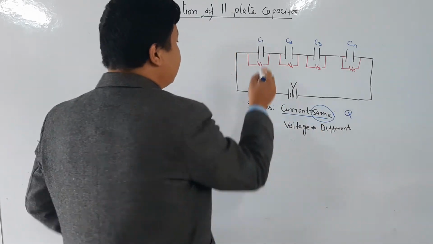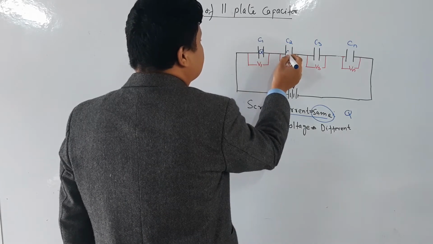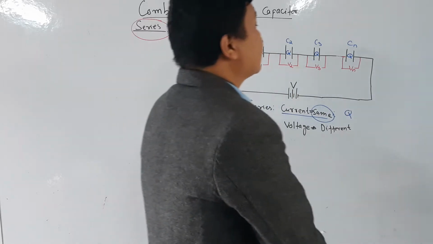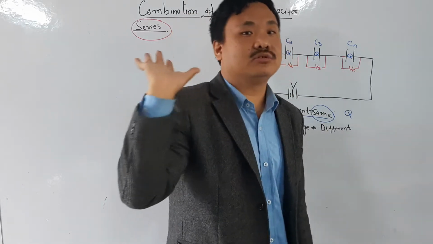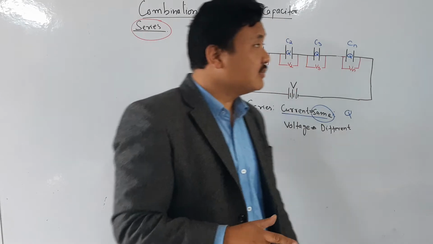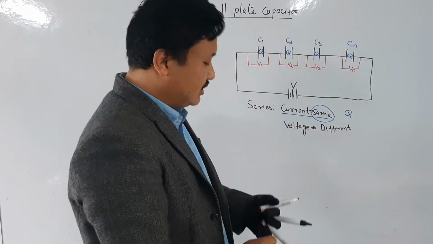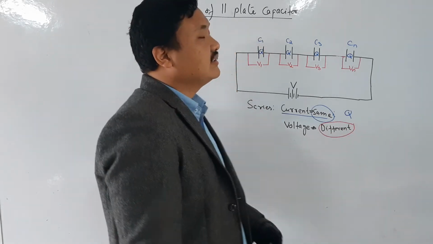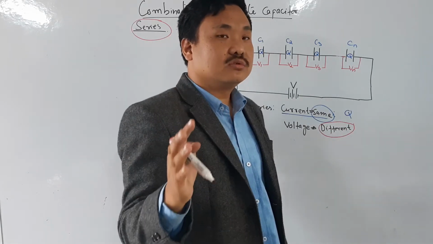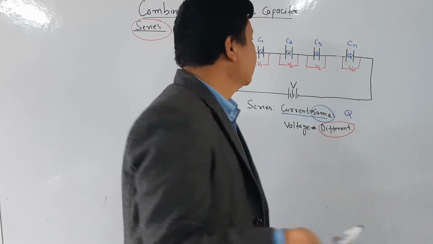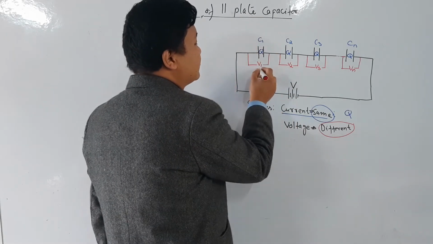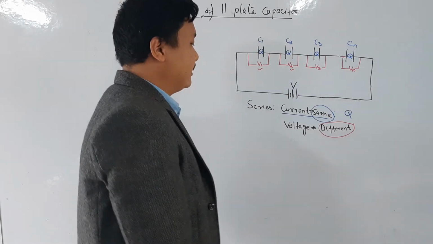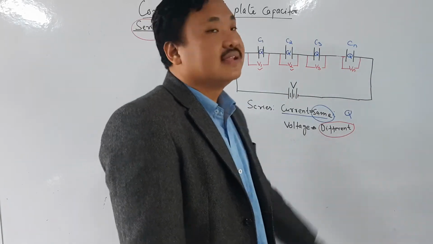So here I will write Q, Q, Q, Q and Q. Now let me go to the voltage, and the voltage is different, isn't it? In series the potential difference between two points is different. For C1 the potential difference is V1, for C2 it is V2, and so on.